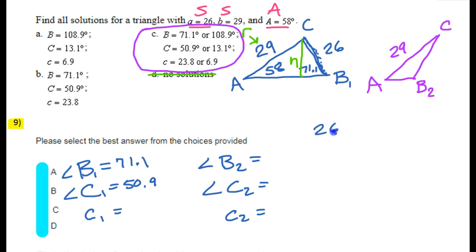So we'll have 26 over the sine of 58 is equal to C1 over the sine of angle C, so the sine of 50.9.